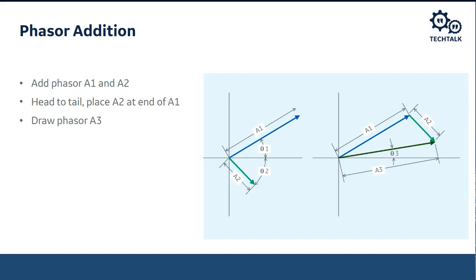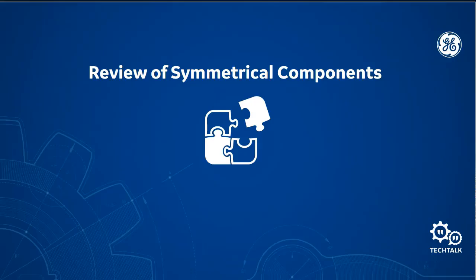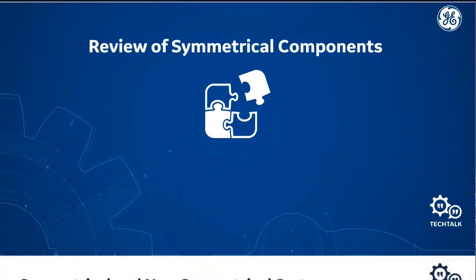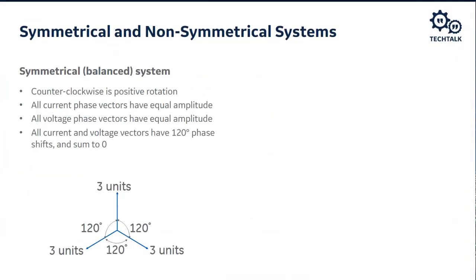So with that said, let's talk about symmetrical components. In a balanced three-phase system, like I'm showing on the screen right now, it's pretty easy to calculate things, right? Everything's balanced. The magnitude of all three of the vectors is 3 units, and they're equally displaced by 120 degrees.